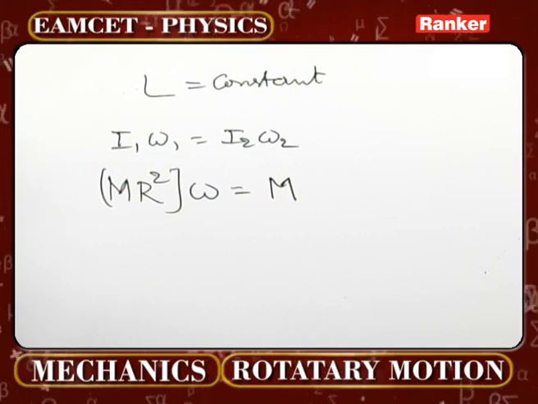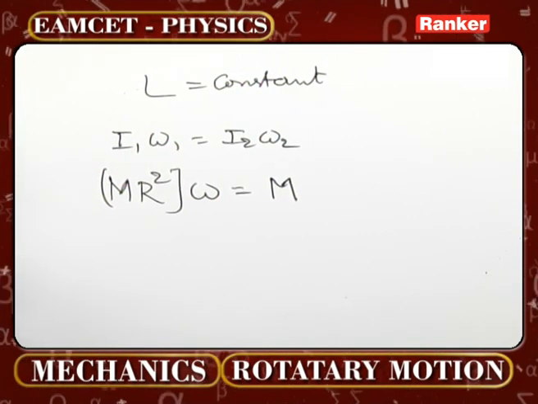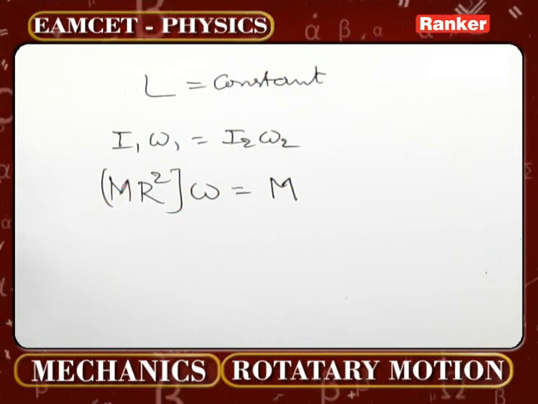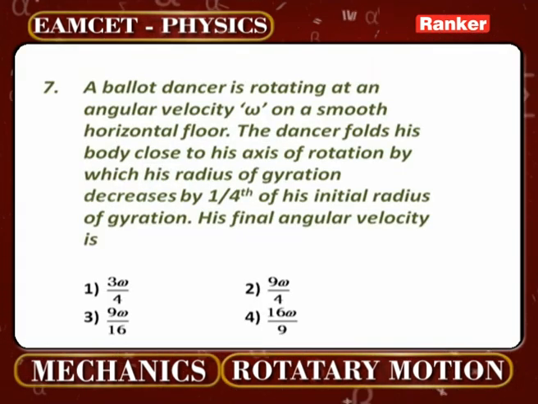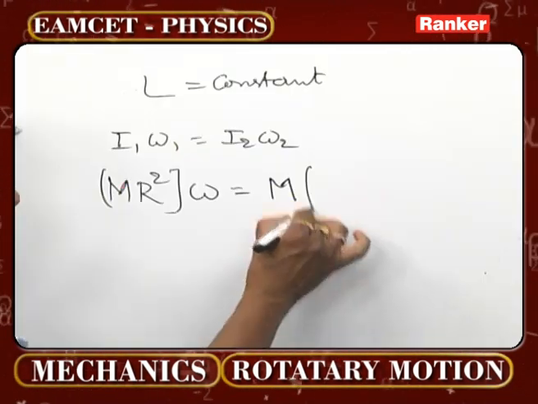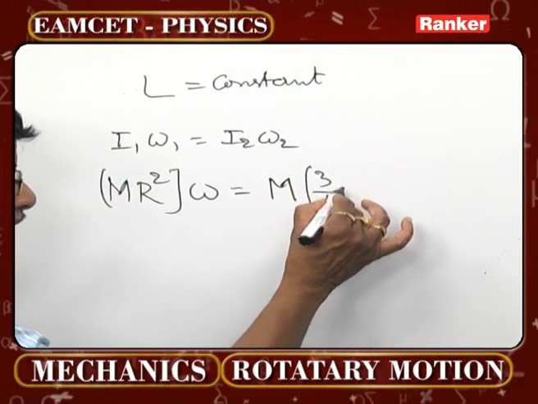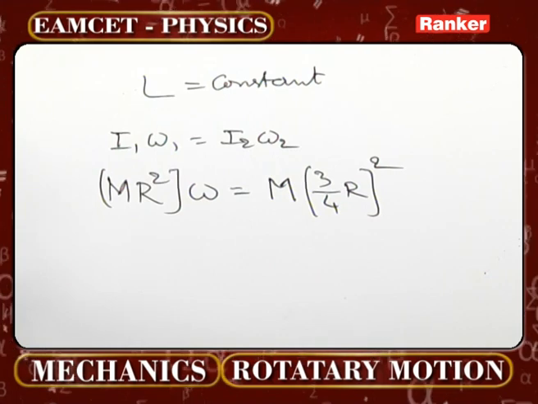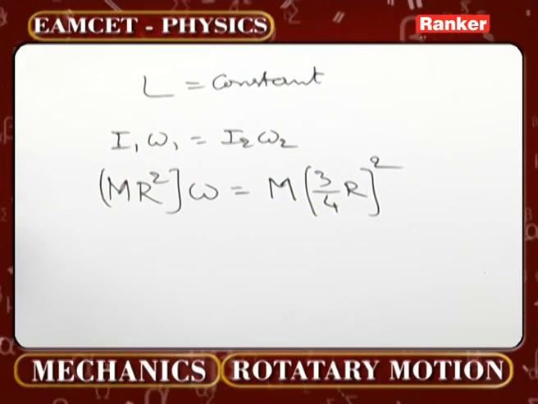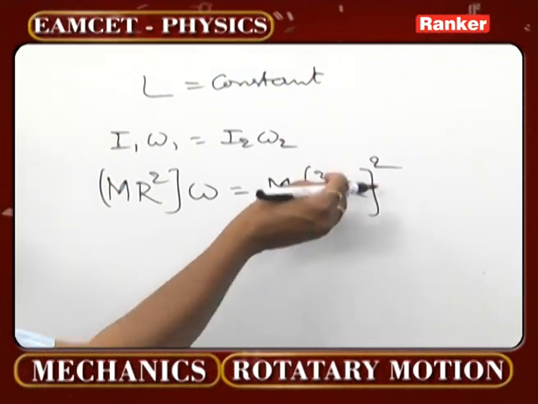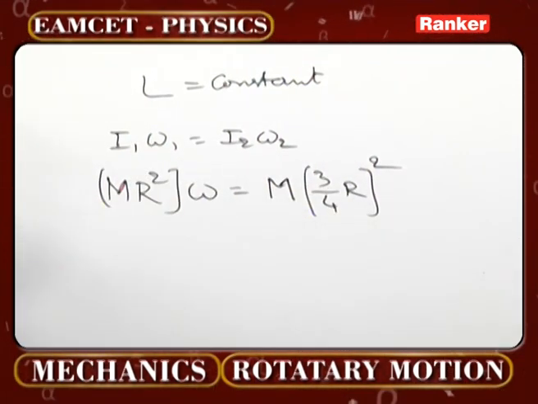What is happening to that one according to the problem? Decreases by 1/4. Wonderful wording here. Decreases to 1/4 is different from decreases by 1/4, because decreases by 1/4 means still the body has got 3/4 of the value of radius of gyration. It is not 1/4. 1/4 it has been decreased by that much. That means what is remaining? 3/4 that is remaining.